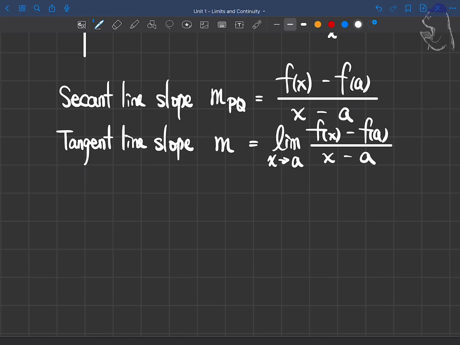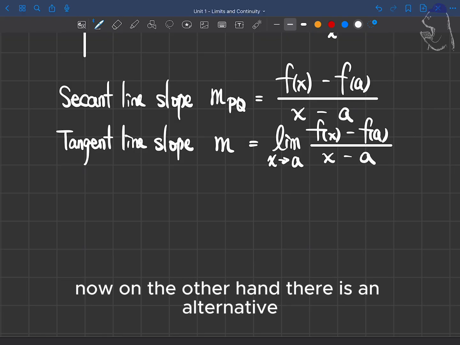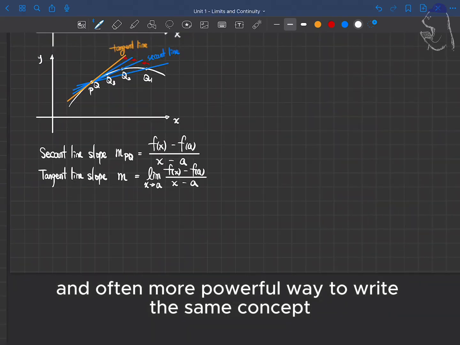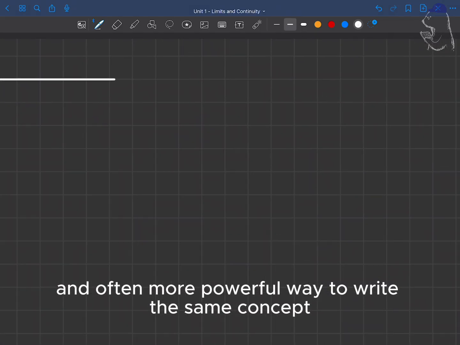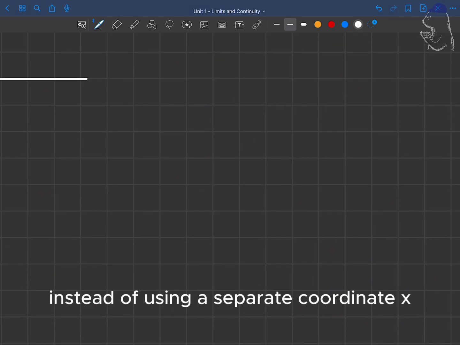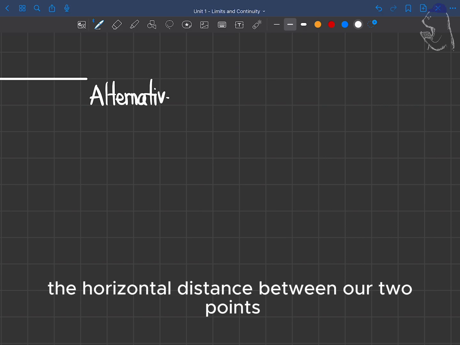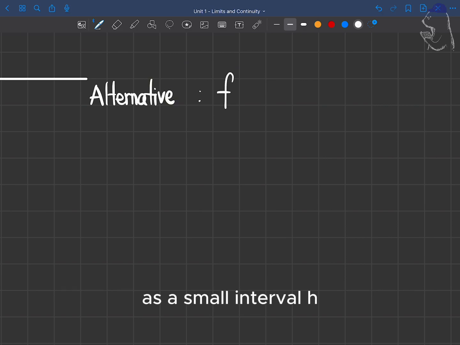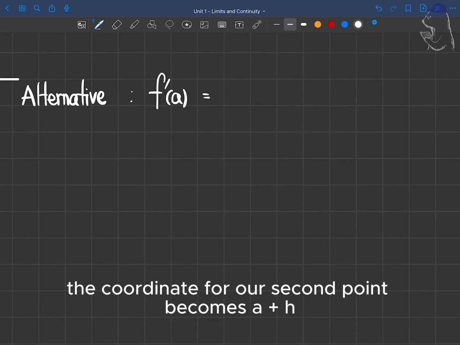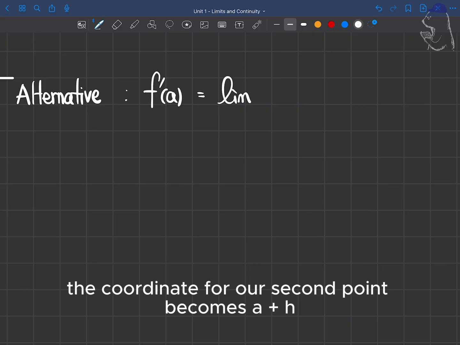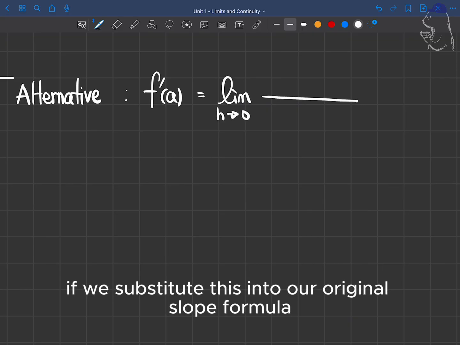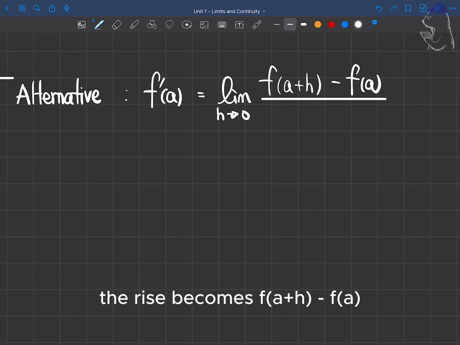Now, on the other hand, there is an alternative and often more powerful way to write the same concept. Instead of using a separate coordinate x, let's define the horizontal distance between our 2 points as a small interval h. Therefore, the coordinate for our second point becomes a plus h. If we substitute this into our original slope formula, the rise becomes f of a plus h minus f of a, and the run is just h.